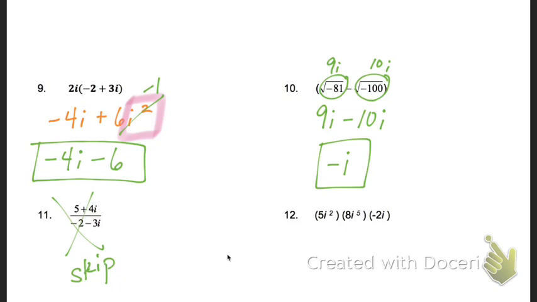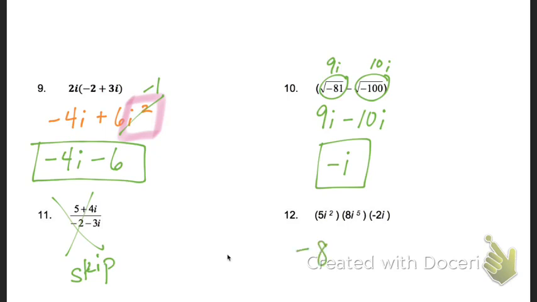Number 12, multiply all my numbers, then combine the exponents of i's. So would I add the exponents or multiply them? Add. Why? Because they're side by side. So numbers multiplied together get me what?